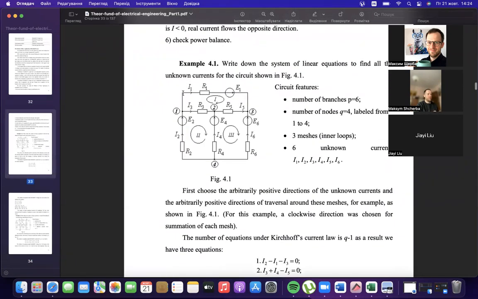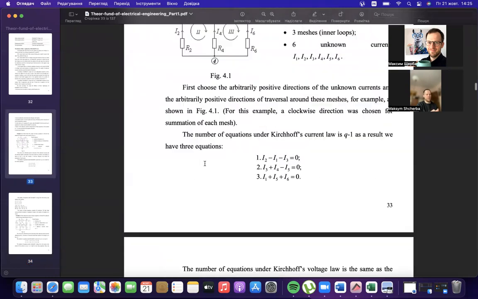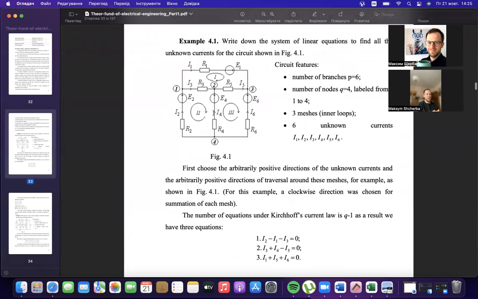For example, if we have some circuit with 4 sources, 6 consumers, it topologically consists of 3 meshes, 3 internal circles, and in such a system we will have 6 equations to find the currents, because in each branch we have a specified current.